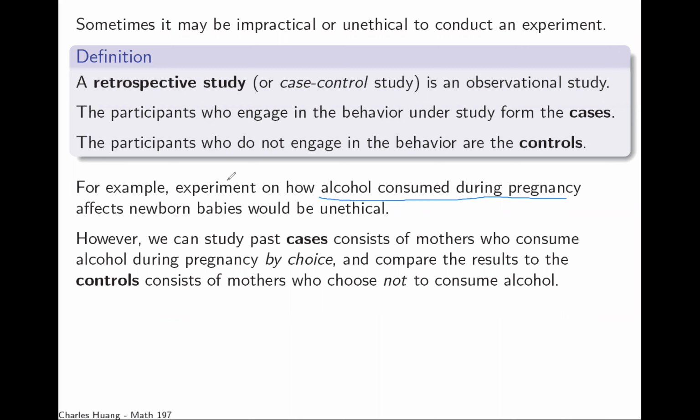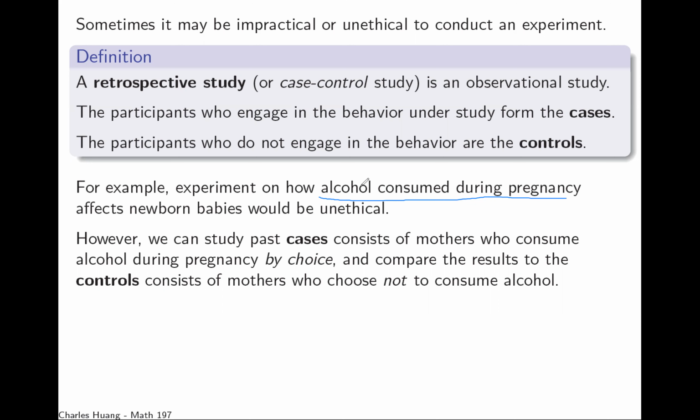In this case, it would not be a good thing to get a whole bunch of pregnant mothers and have half of them drink a lot of alcohol and have half of them drink something else. If this type of experiment has a negative impact on these newborn babies, then we would be harming them by force feeding them alcohol in our experiment.